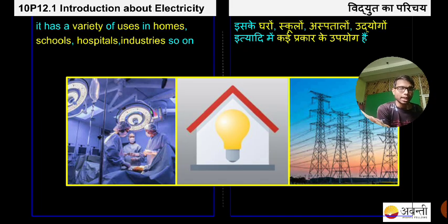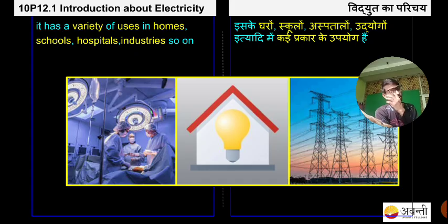Electricity has a variety of uses in homes, in schools, in industries. In industries, you will realize there are more uses of electricity. People are using more electricity in industry. In a school, less. In a home, somewhat less.